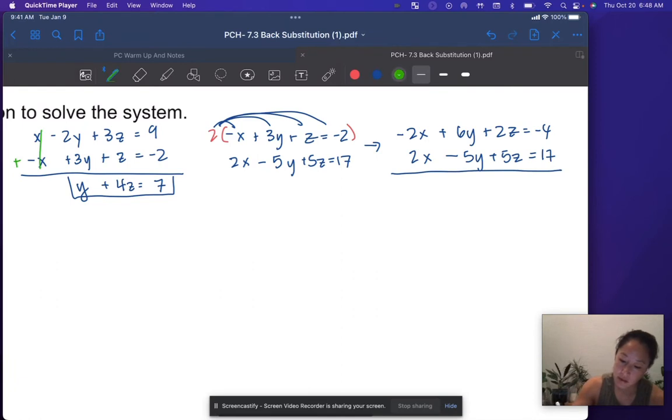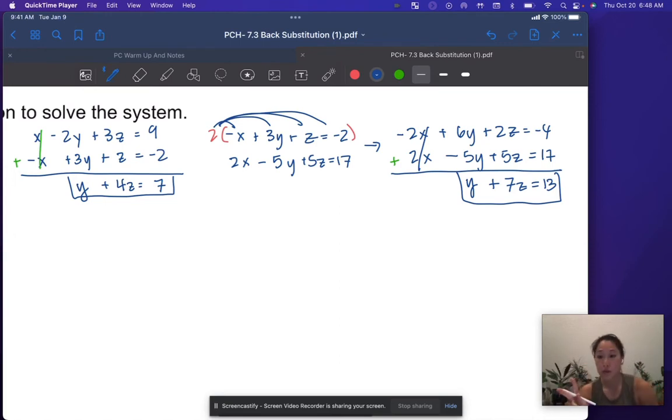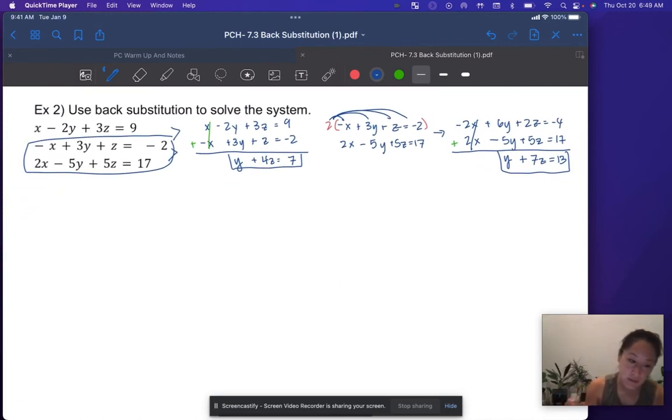We go ahead and we add those up, and we get 0. 6y minus 5y is 1y, plus 7z is equal to 13. Okay, now I have two equations that have two variables, so I can just set this up as a new system.